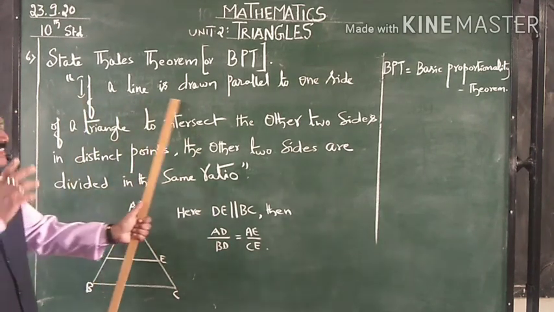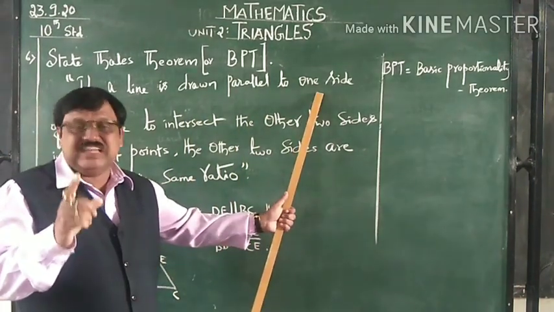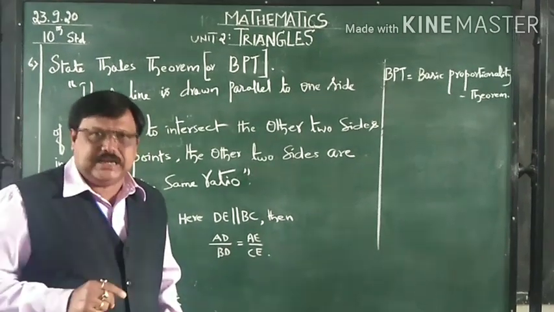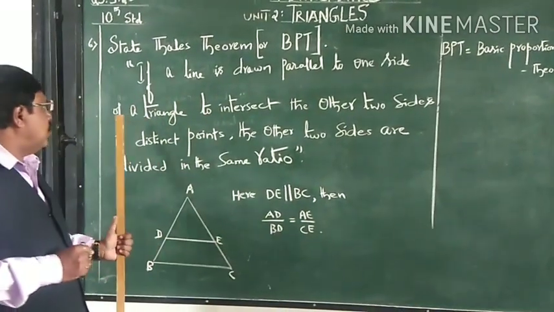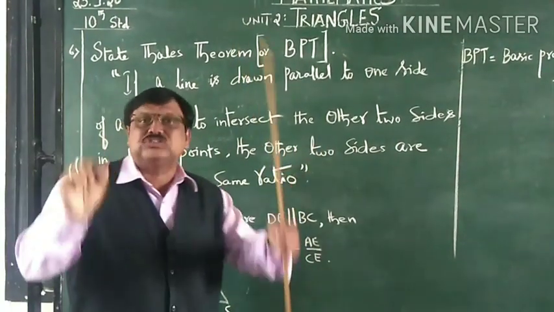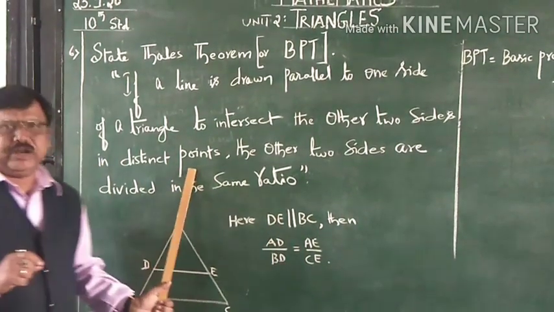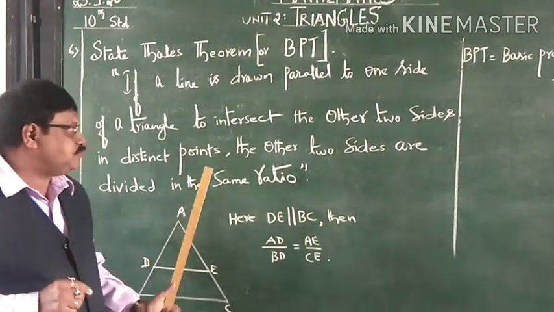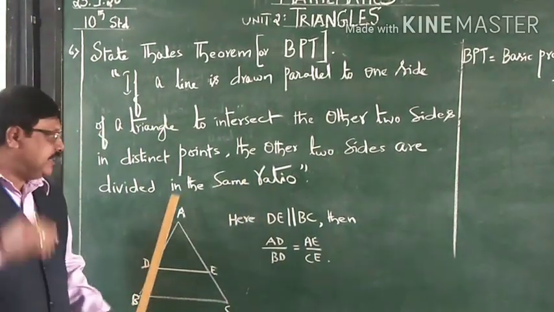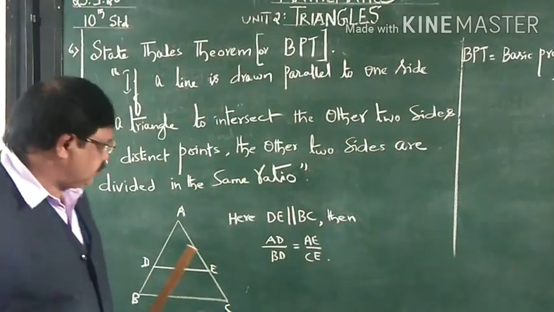If a line is drawn parallel to one side in a triangle, there are three sides, you can draw parallel to any one side of a triangle to intersect the other two sides in distinct points, separate points, the other two sides are divided in the same ratio.